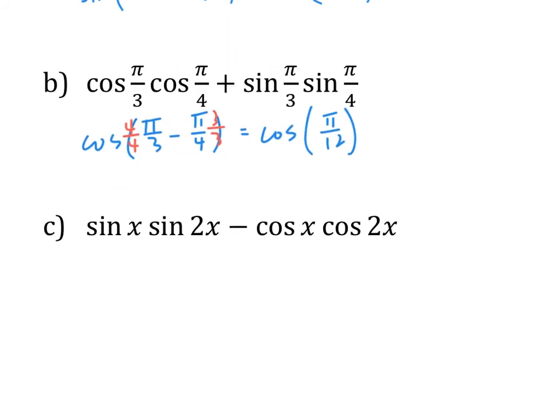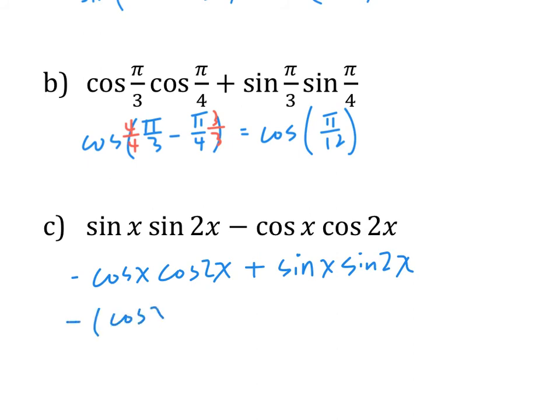See, you can see that this looks like cosine, cosine, sine, sine, but it's sine, sine, cosine, cosine. So we're going to change the direction. So this is going to be negative cosine x cosine 2x plus sine x sine 2x. This is still not cosine, cosine, sine, sine, because there's a negative in front, so we need to take out the negative.